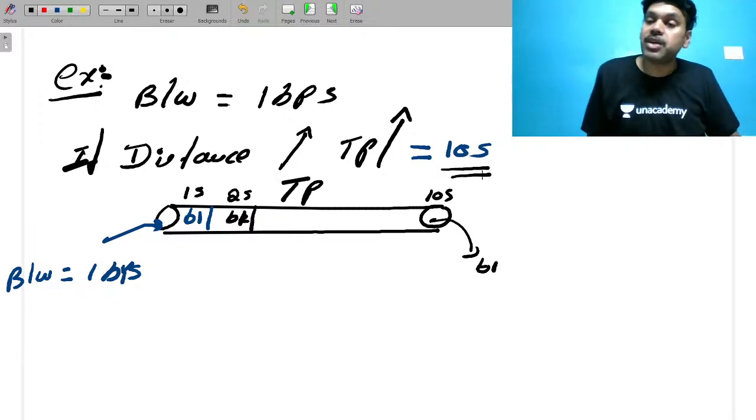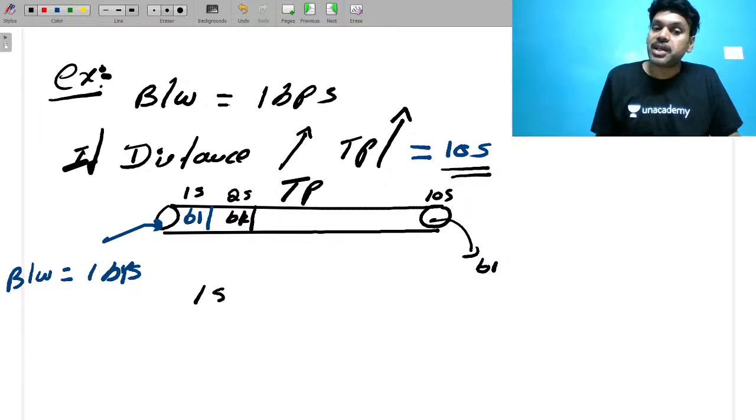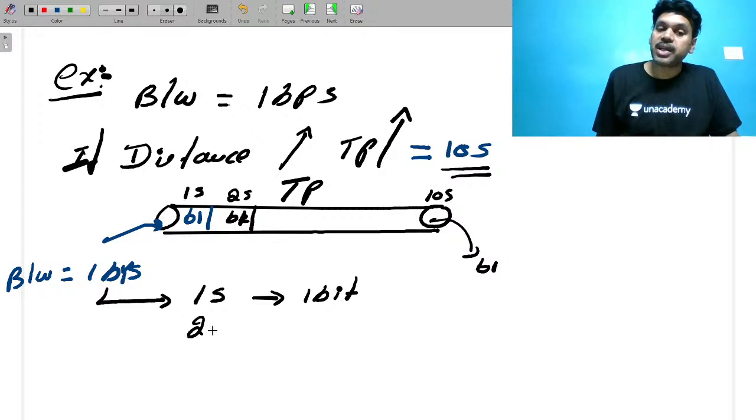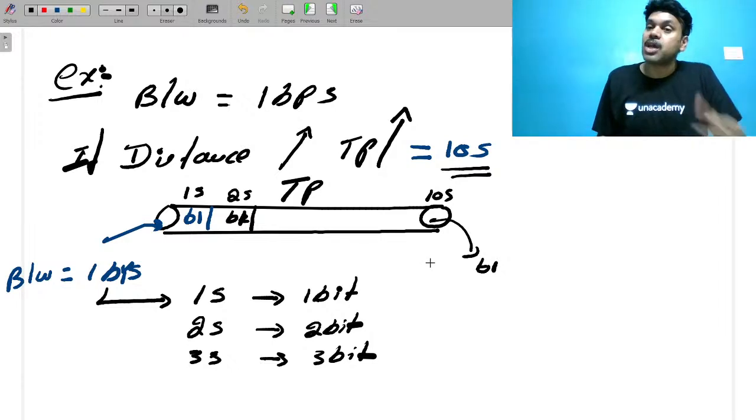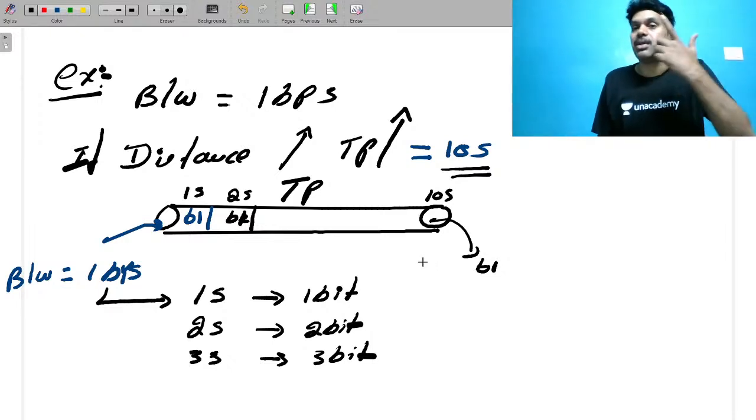What will the sender do during this time? For 1 second he pushed 1 bit, and for the next second he is keeping another bit, and for the next second he is keeping another bit. Likewise, the first bit takes 10 seconds to come out. So during this 10 seconds, the sender keeps on injecting the bits.